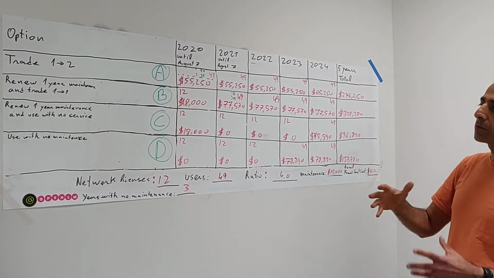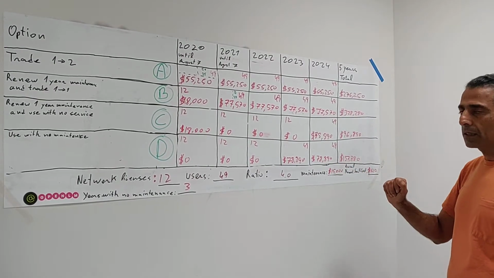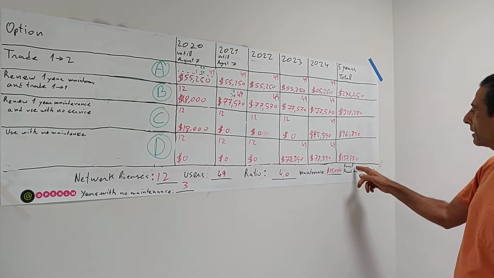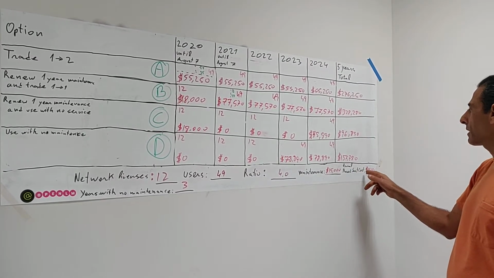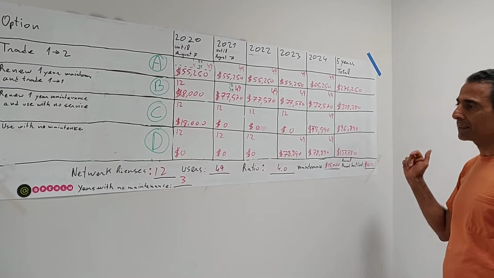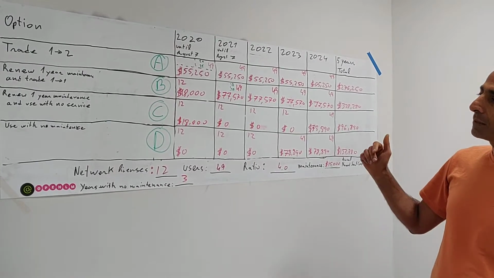And we took two assumptions. One is that maintenance cost is $15,000 for the 12 licenses, and that annual seat cost is $1,610, which is the cost of Autodesk annual.